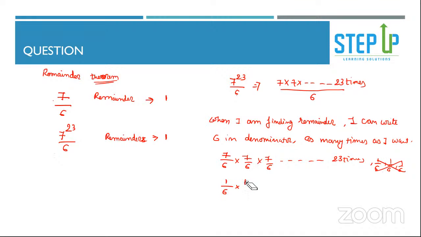When another 7 is divided by 6, your remainder is 1. And how many 7s were there? 23. So 1 to the power 23 means your remainder is still 1.